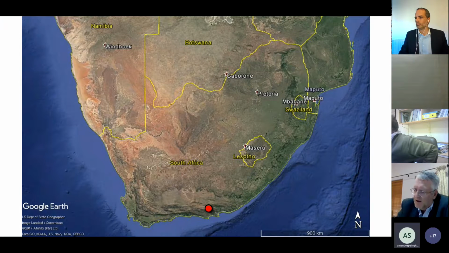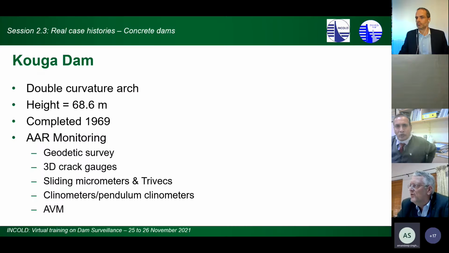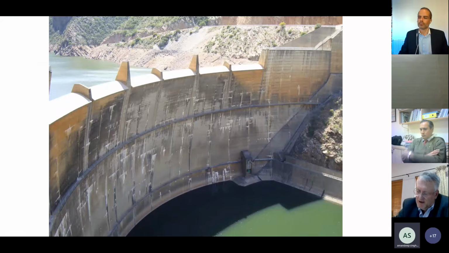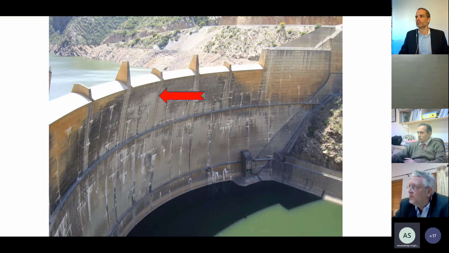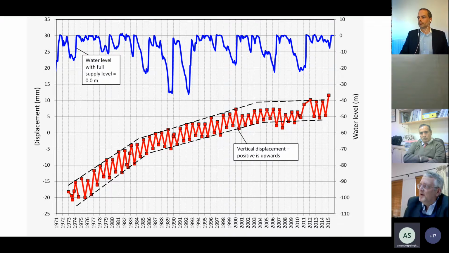So let's quickly look at Koga. I showed you before the arch dam that also has extreme ASR, and for this dam one has to come up with a conclusion whether the dam is still safe or not. That's very important. So let's look at the vertical swelling displacement, if I can put it that way.